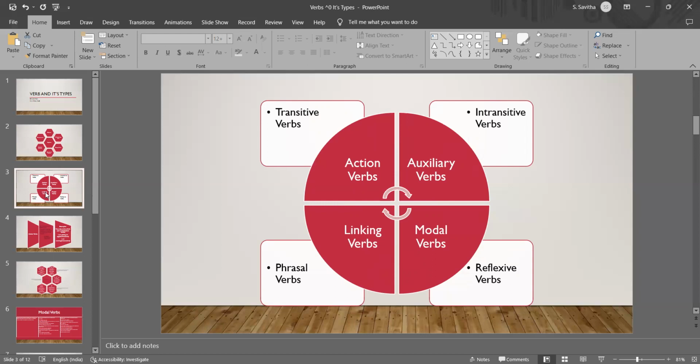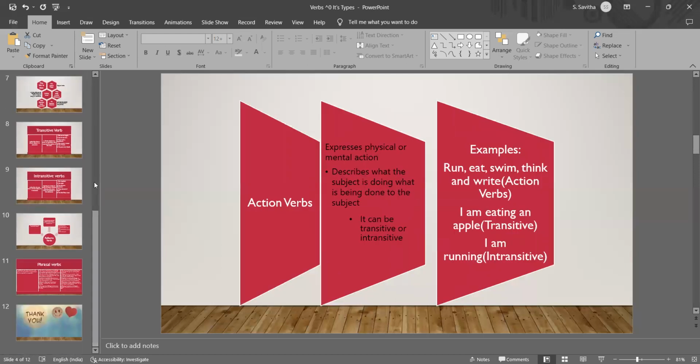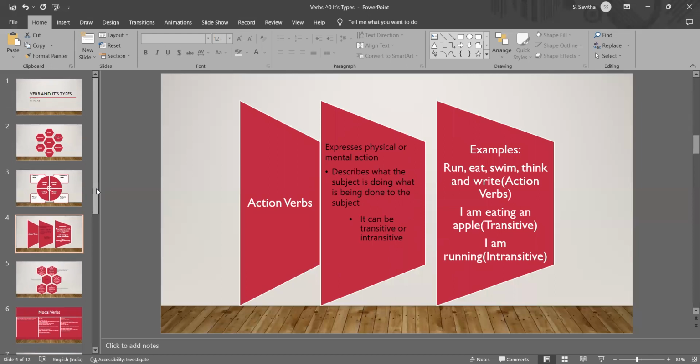Understanding the different types of verbs and their function is essential for mastering the English language and using it effectively in both written and spoken communication. Now, let us look in detail one by one at the different types of verbs.